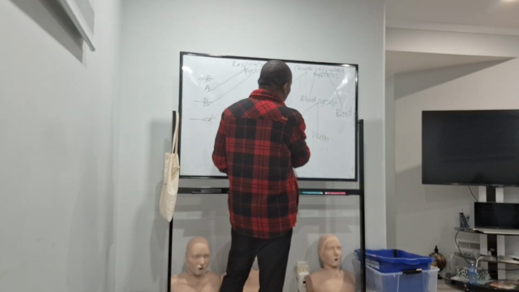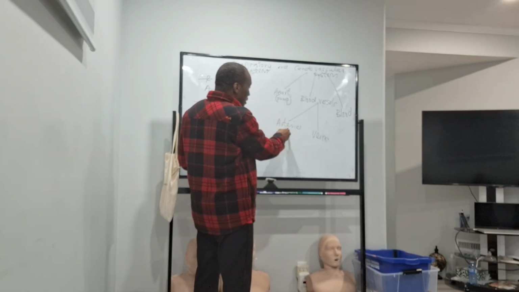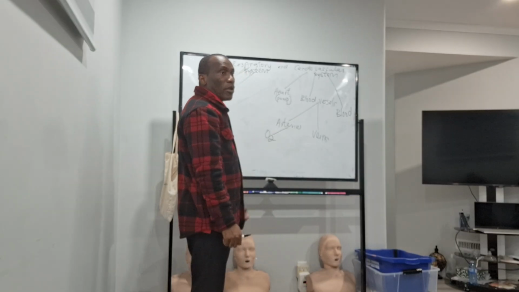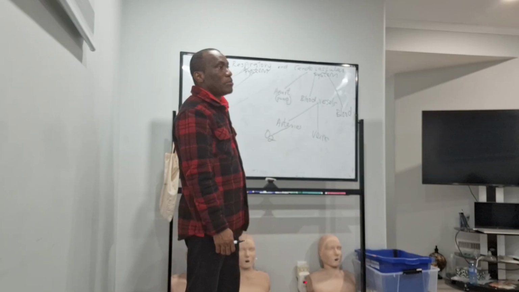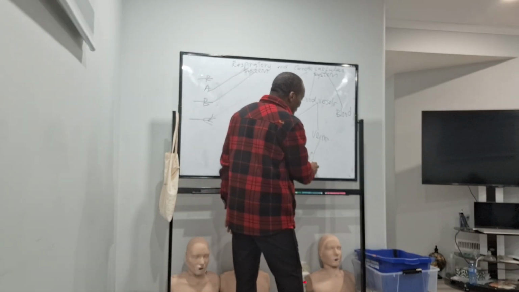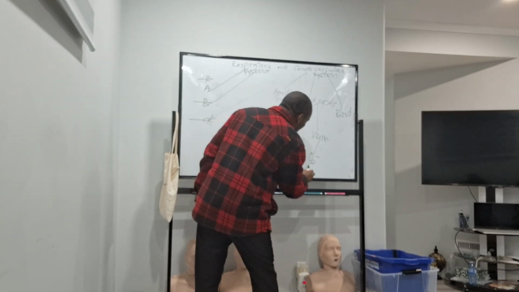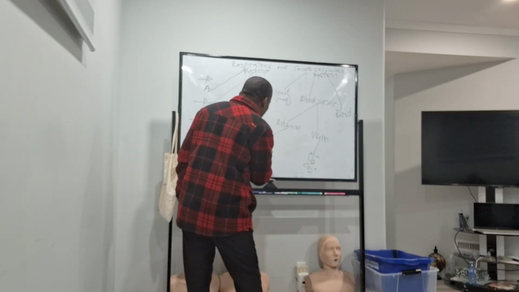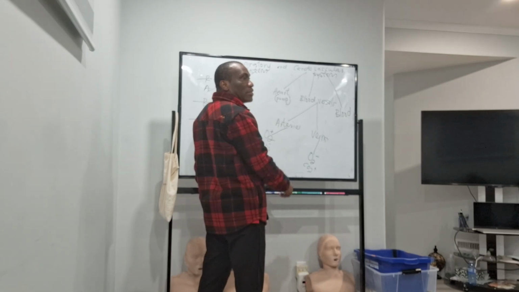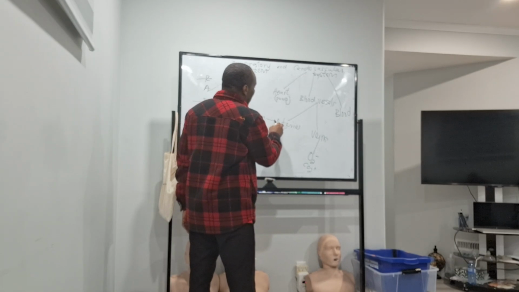So the major difference between artery and vein: the artery carries oxygenated blood. So the blood in artery has more oxygen than vein, and vein has less oxygen. But vein has more carbon dioxide, while artery has less. So the blood in artery is considered clean.